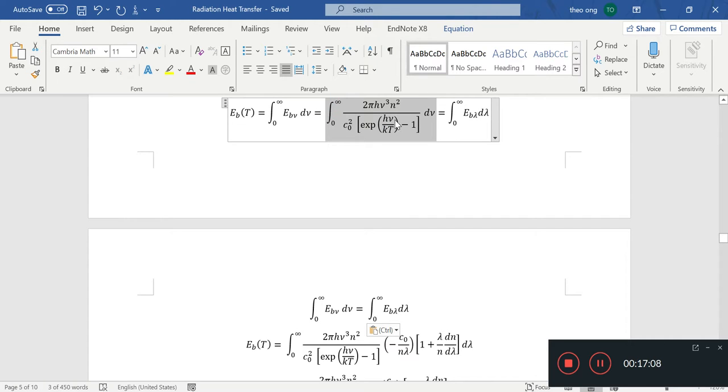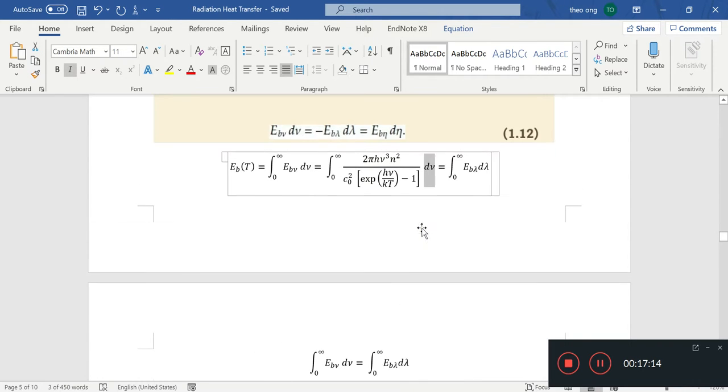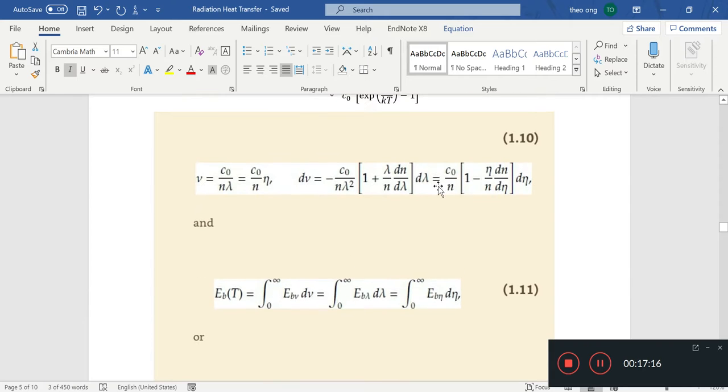Alright. So if you want to get the d lambda, replace this d nu with d lambda. So what is d lambda? You see this complicated expression here for d lambda. So d nu equals minus c naught n over lambda squared, and you multiply this whole thing here because we differentiate.